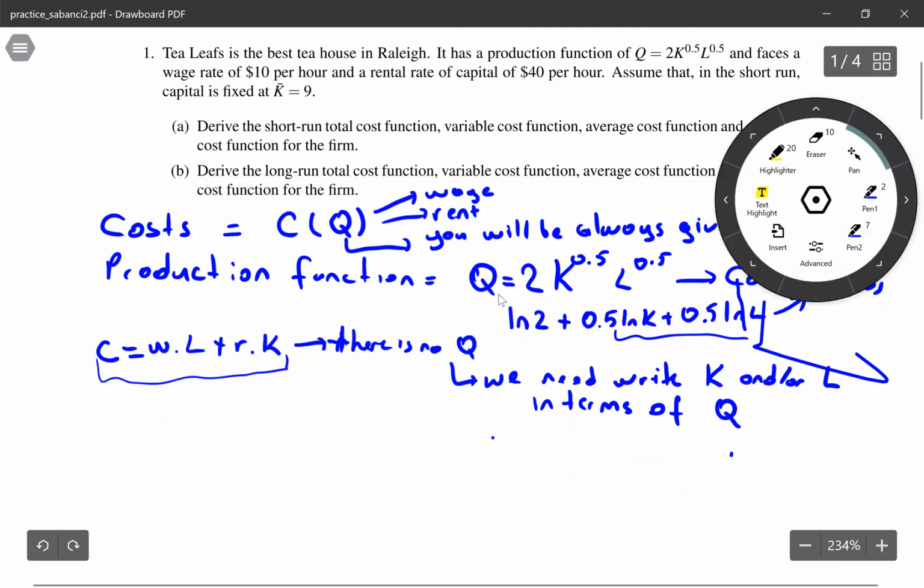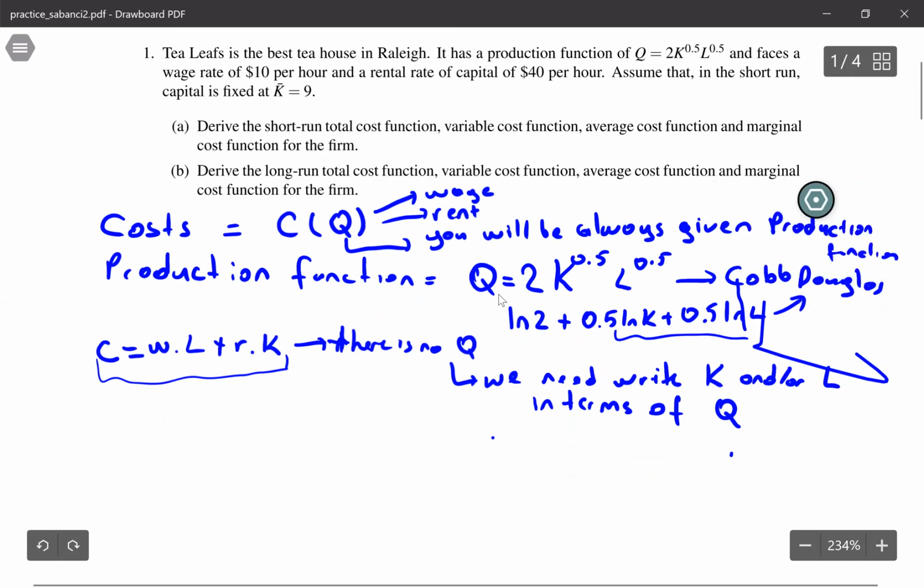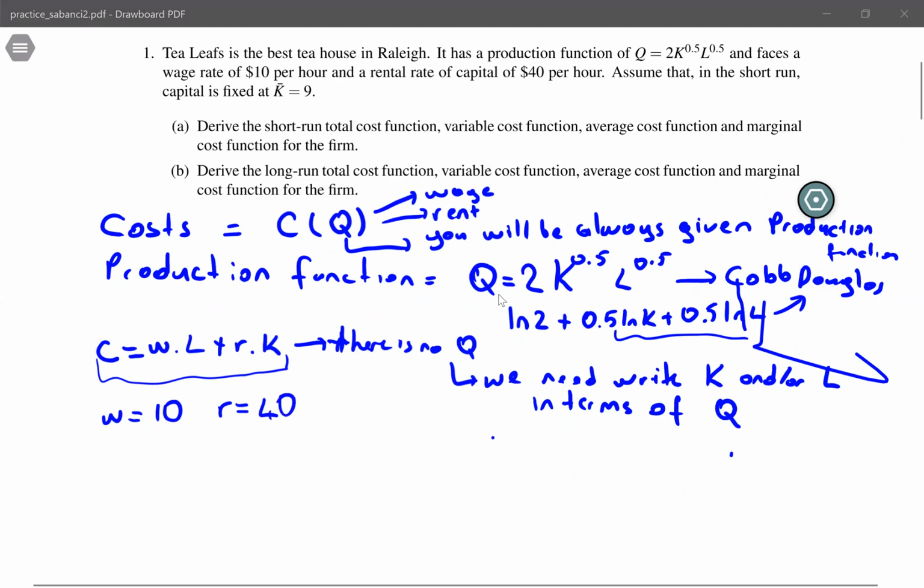Then the wage level is given as 10 and R is given as 40.